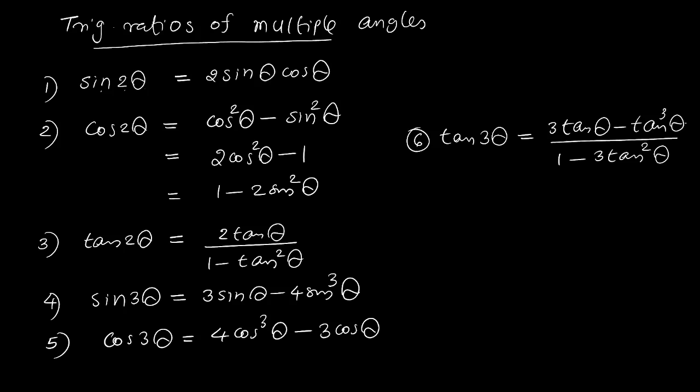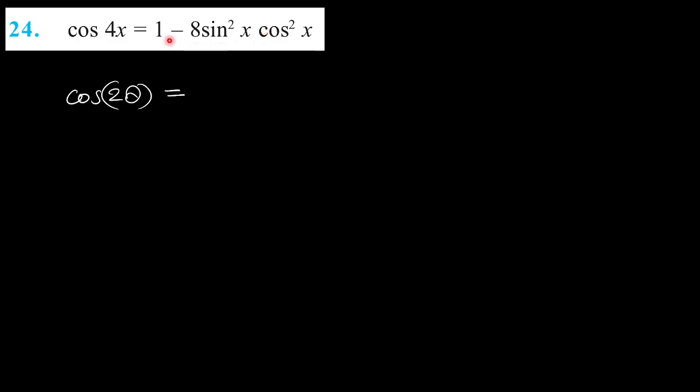Cos 2 theta has 3 formulas. Which formula is better? The third formula, look here, is starting with 1 minus. The right side is also starting with 1 minus.